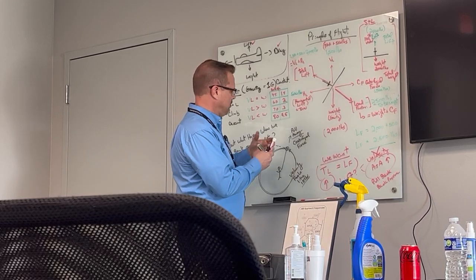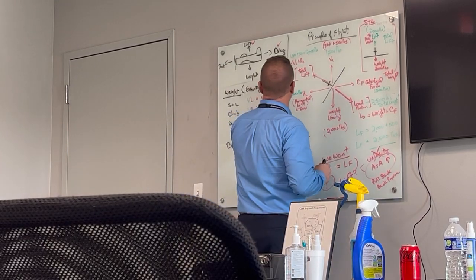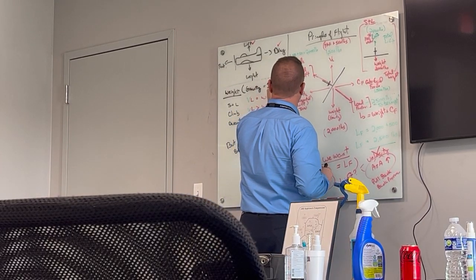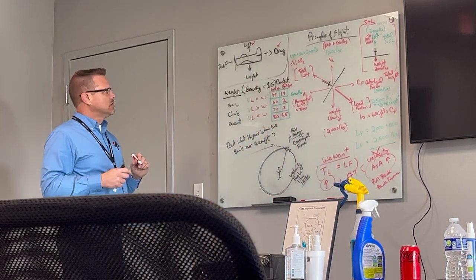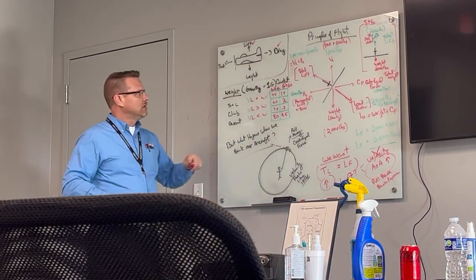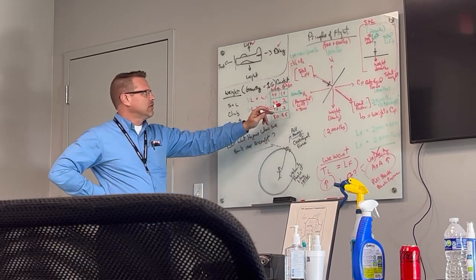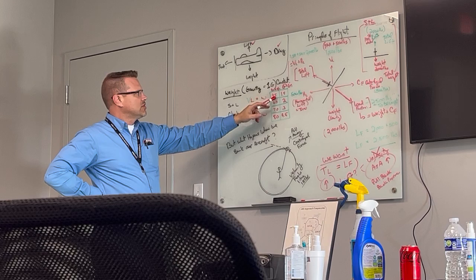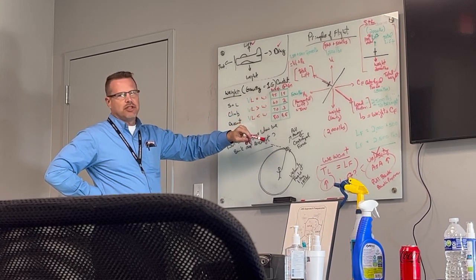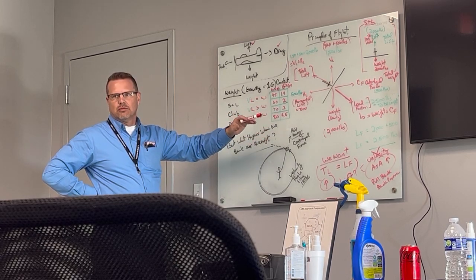So, our load factor expressed in G's. What does this mean? We know that if we bank our aircraft over, we will have to increase our angle of attack such that we will experience 1.4 G's if we want to remain straight and level in a level turn.